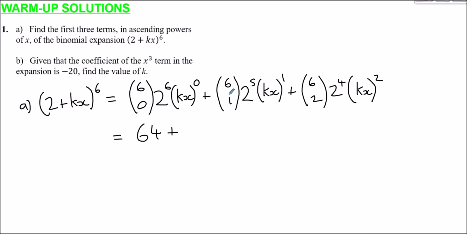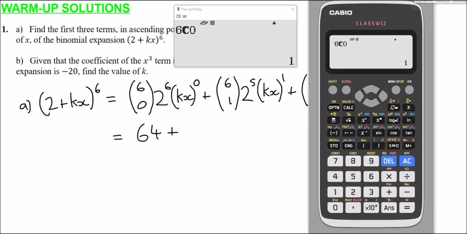Next, we've got 6 choose 1 multiplied by 2 to the power 5. So if we work this one out, 6 shift divide 1, that's 6 choose 1 multiplied by 2 to the power 5. We get 192. So that's going to be 192kx.